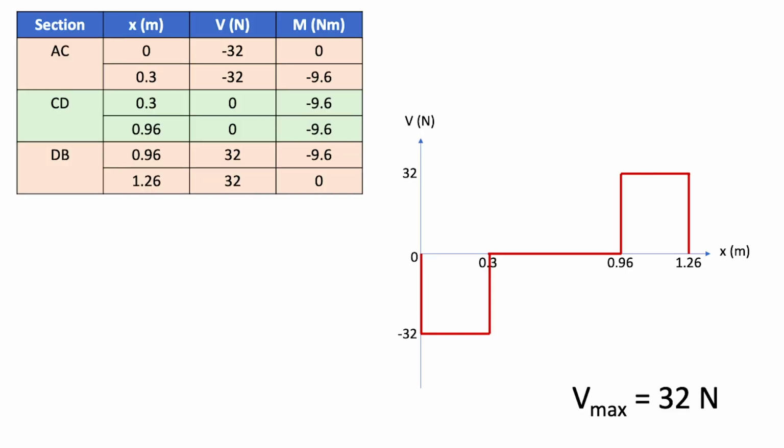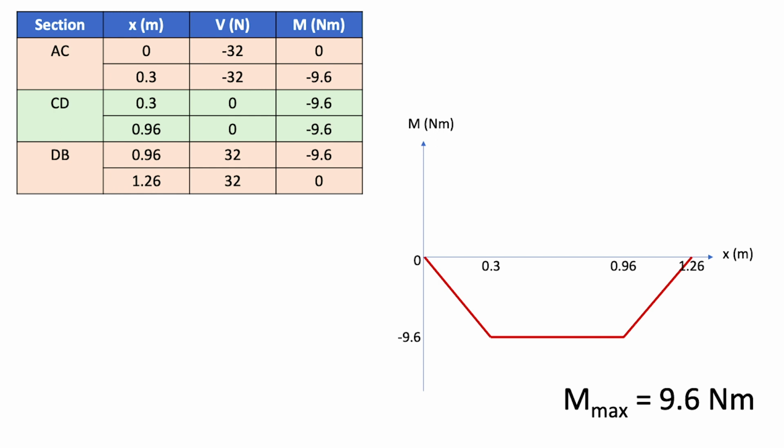From these values, we can plot the shear force diagram by taking V versus x, and the bending moment diagram by taking M versus x. From these diagrams, we can get the maximum values and the critical points or sections.